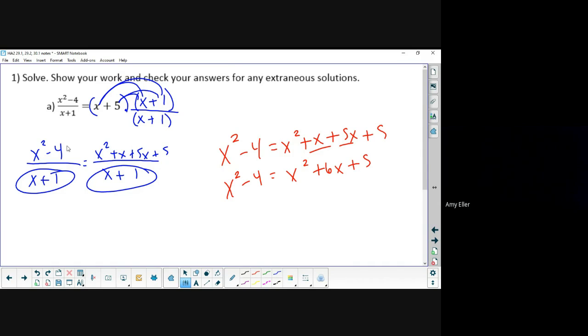Braden, what's going to happen with the x squared? Yeah, it's going to go away on both sides, right? Yeah, it looks like it might be a harder problem or a factoring problem or maybe a problem with two answers. But if I subtract x squared on both sides, it goes away.